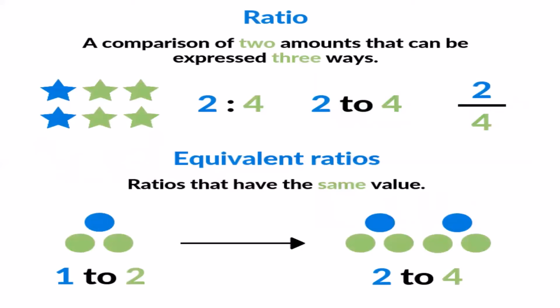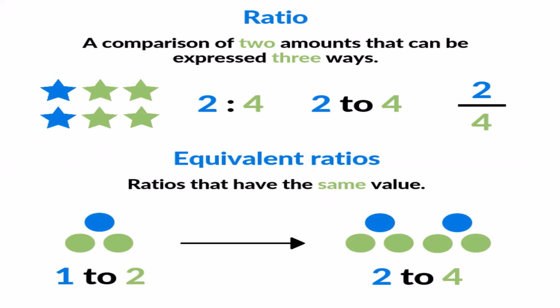Now, a ratio is a comparison of two amounts that can be expressed in three ways. We can use the colon, we can use the verbal way, or we can put it as a fraction. Now, equivalent ratios are ratios that have the same value. 1 to 2 has the same value as 2 to 4.